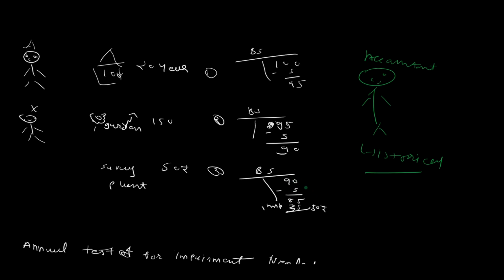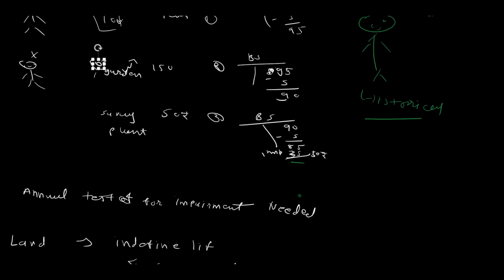So I will reduce the 5 rupees depreciation and will impair my asset price to the market price of rupees 50, and then he impaired 35 rupees as an impairment.